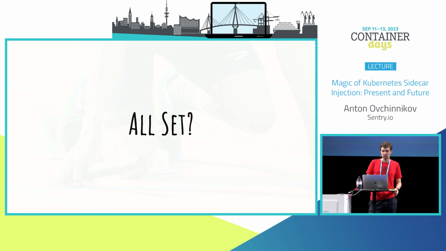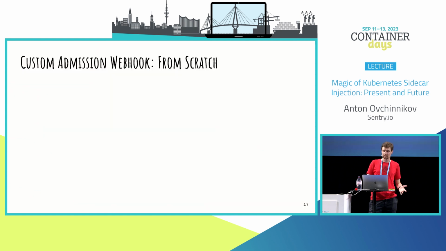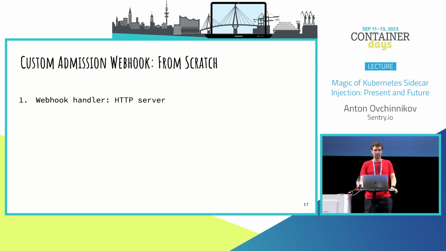So if you now want to write your own admission controller, let's summarize. We have to be careful here. If you want to write your custom admission webhook handler, here's what you have to do. First, we need an HTTP server, the actual core component that will process the request.